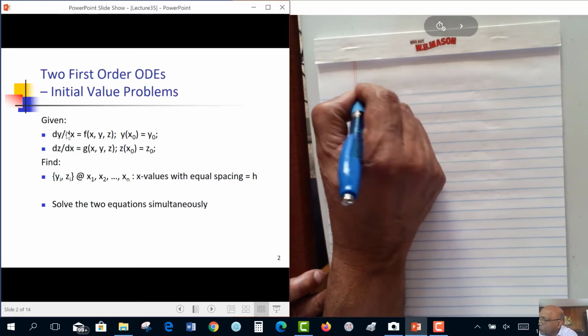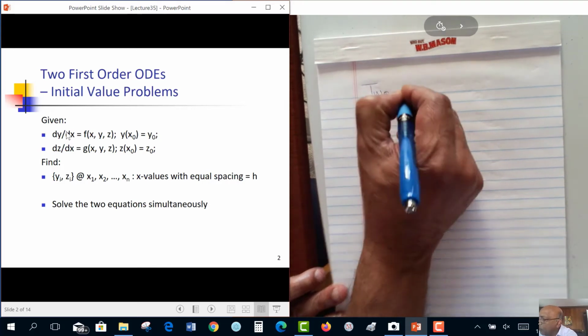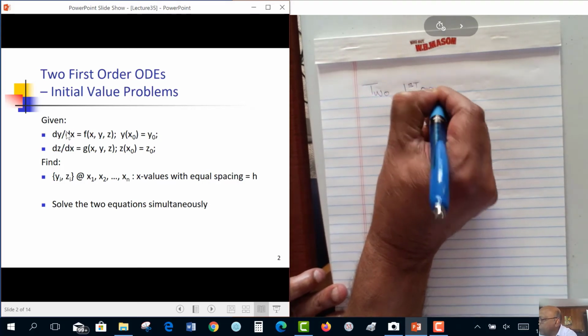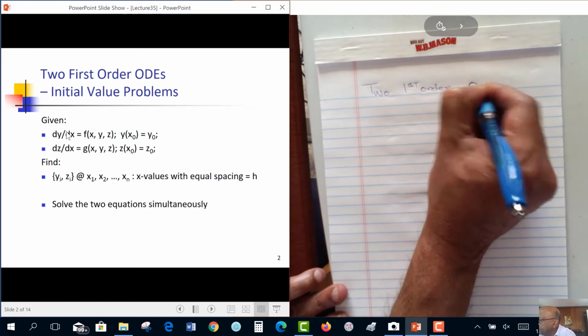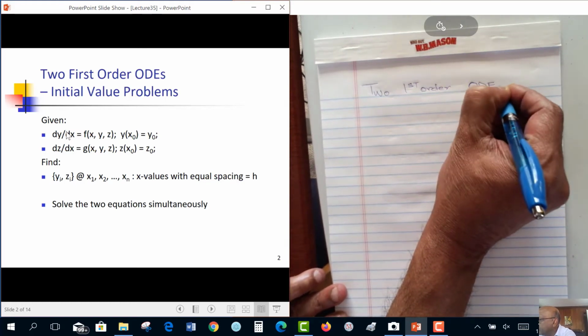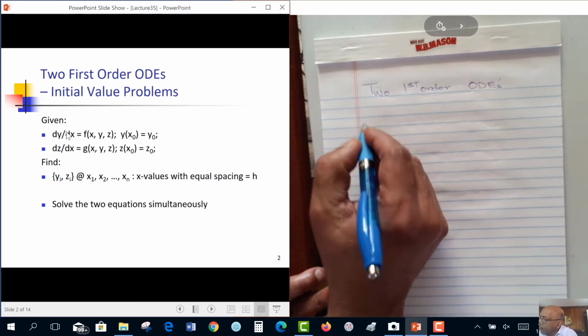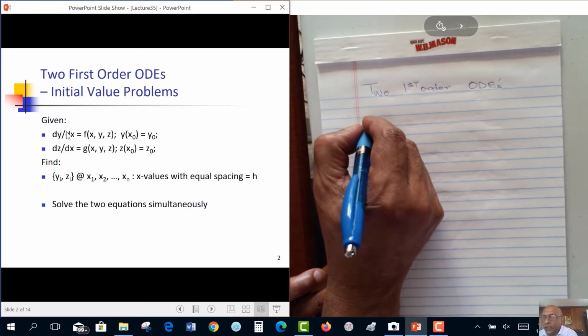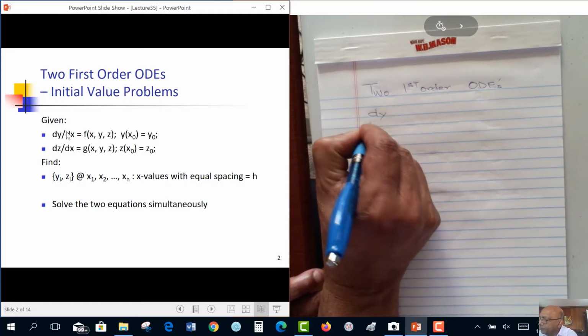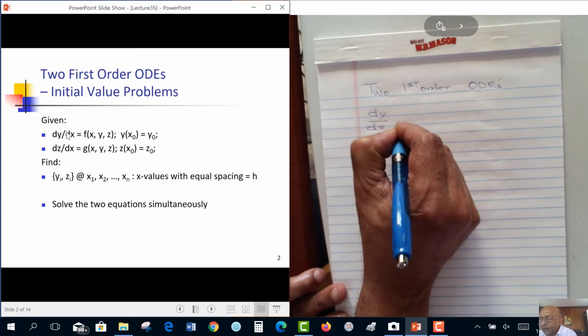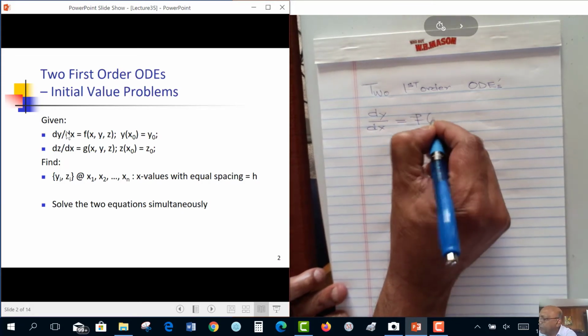We have two first order ODEs. Our first ODE is dy/dx is a function f of x, y, z.